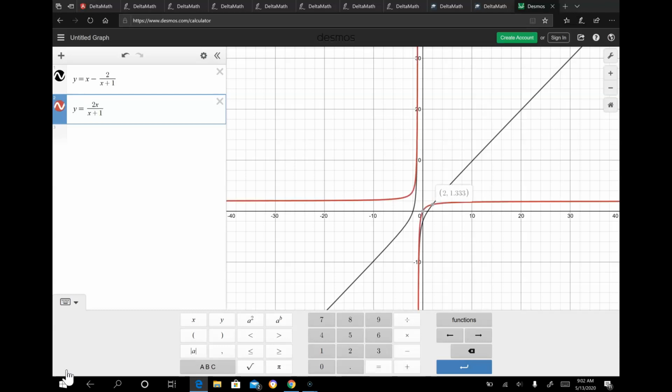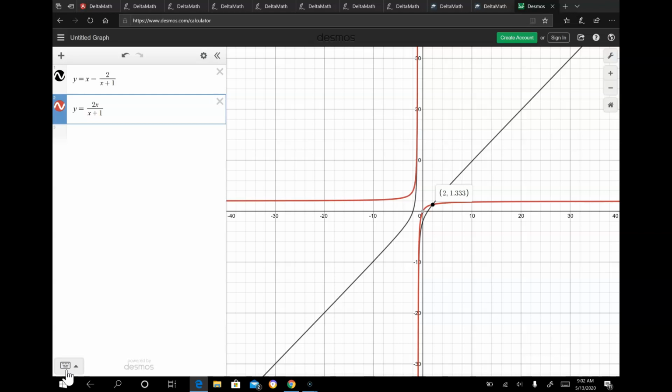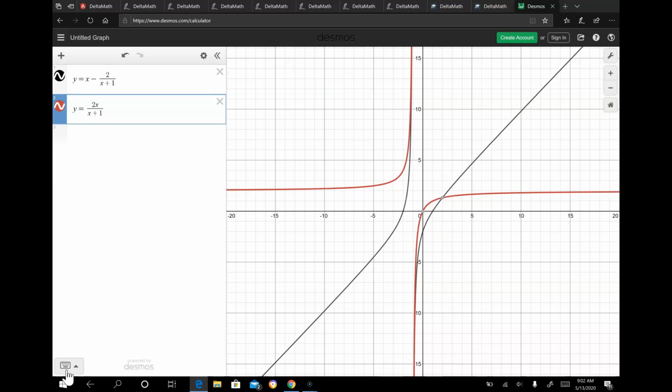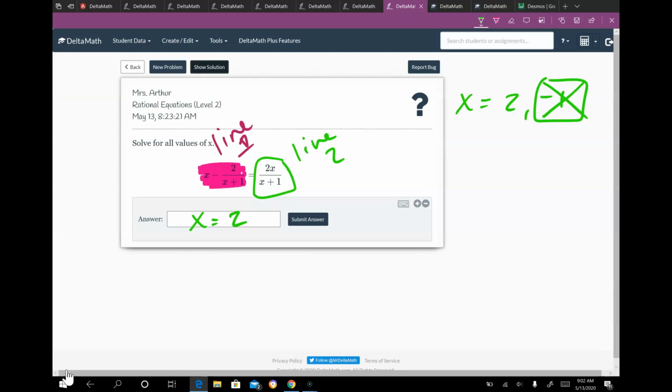And look, my answer is 2. And see how negative 1, if we were to zoom in, oh, not out, zoom in. Negative 1's right here. You see there's no answer at negative 1. You see that? So my answer is just 2, as I told you it would be. Okay? All right. 2 more.